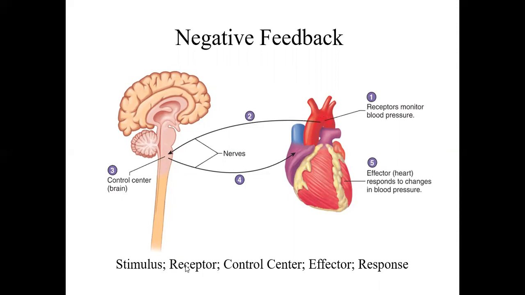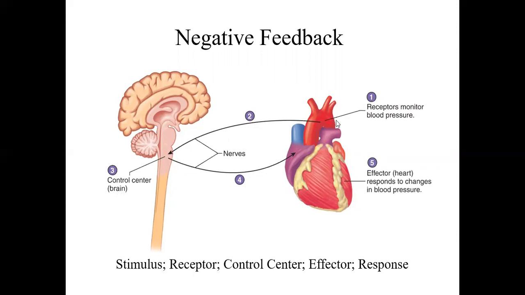That stimulus, maybe your blood pressure is starting to go up, getting a little higher than it should. So the receptors receive that information and send it through the nervous system over to the brain. The brain many times functions as a control center. It receives information, processes it, and then sends some type of information back somewhere to try to fix the problem.